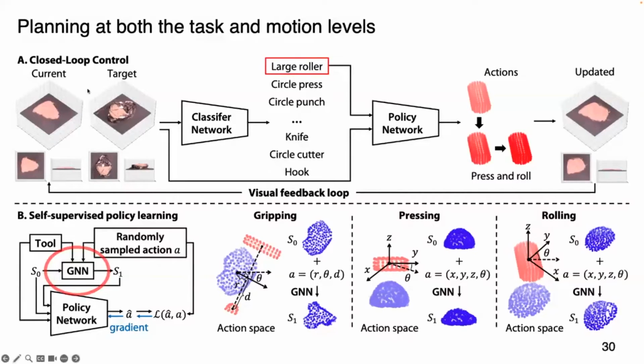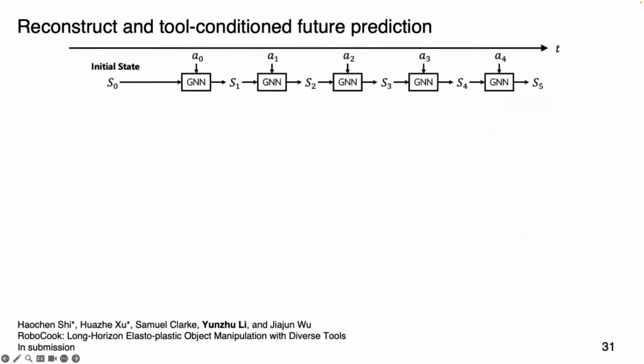And on the bottom right, you'll be able to see that we are using different types of parameterizations for different tools, but we are using the same representations, using the particles to represent the geometry of the tools and the dough to model the system. More specifically, this graph neural dynamics model takes the current observation, again, similarly, as inputs and iteratively predicts the future states conditioned on the input action.